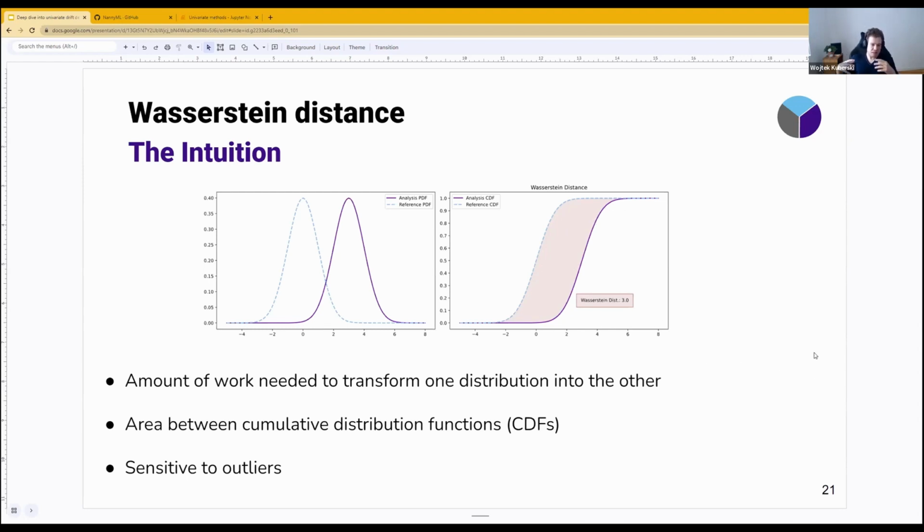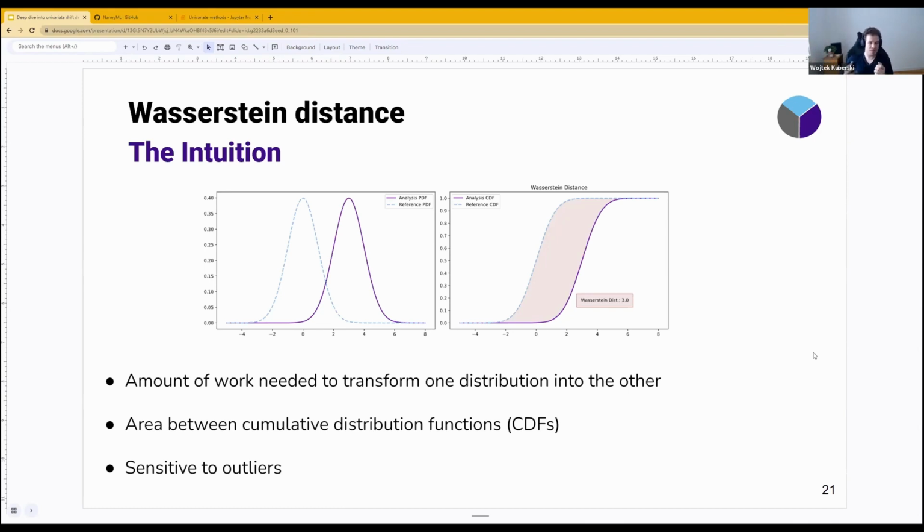so it's one of the easiest ones to understand. And since I mentioned that it is the amount of work needed to transform one distribution to the other, imagine that you have piles that are almost on top of each other, or distributions that are almost on top of each other, except one of the distributions has a small pile of dirt, a small outlier, very far away. It would still take a considerable amount of work to transform one into the other, just because there is some outlier really far away.